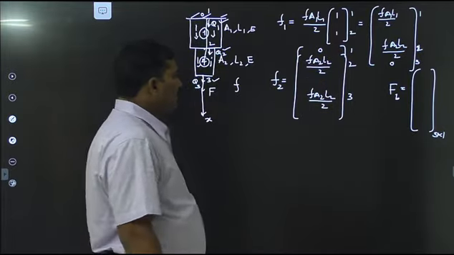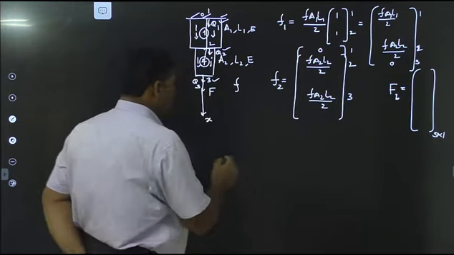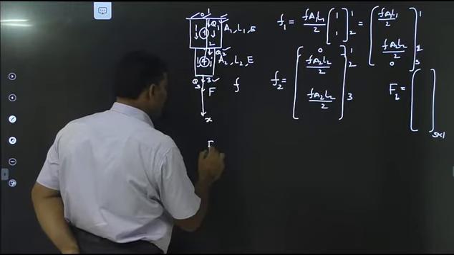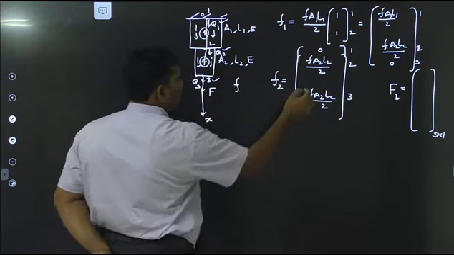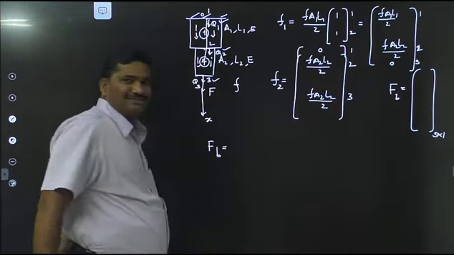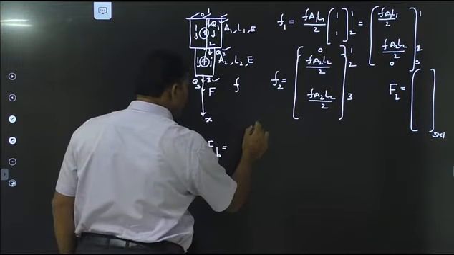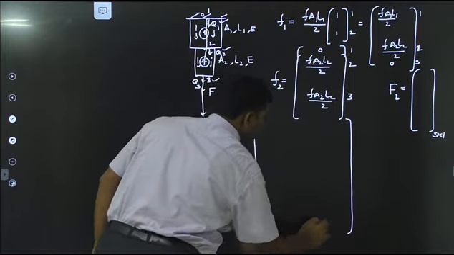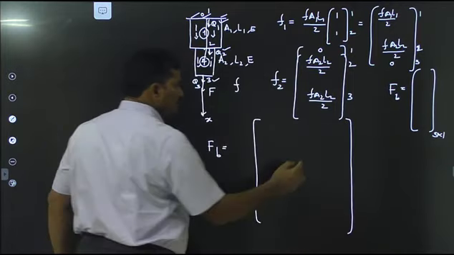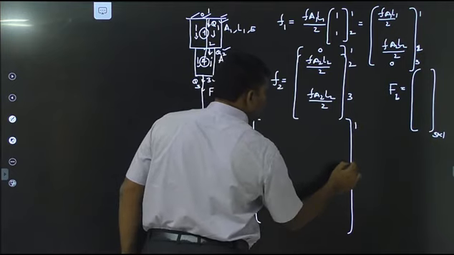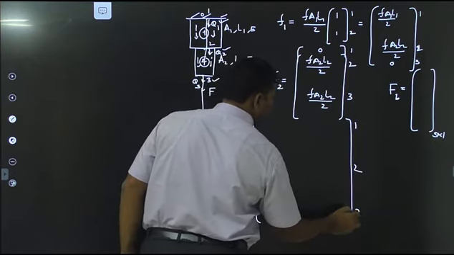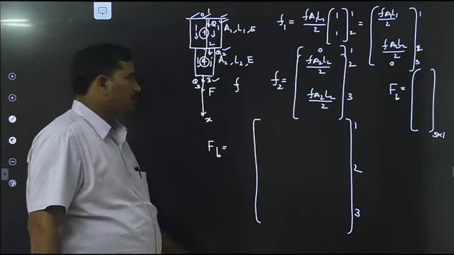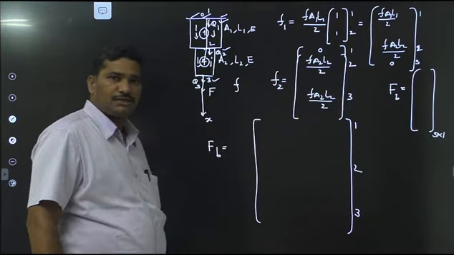Now, to determine the global body force vector FB, what you do is, simply sum up these two matrices. Then how you get? A column matrix like this. What are the corresponding degrees of freedom? Q1, Q2 and Q3. Therefore, I write 1, 2, 3 here.